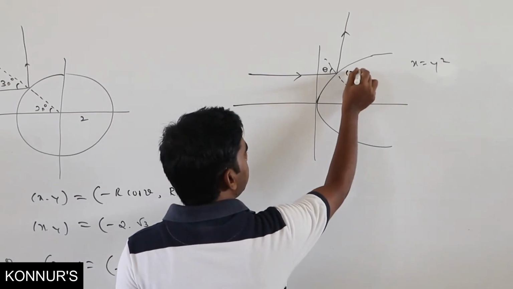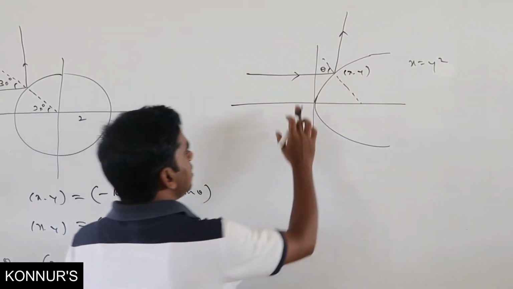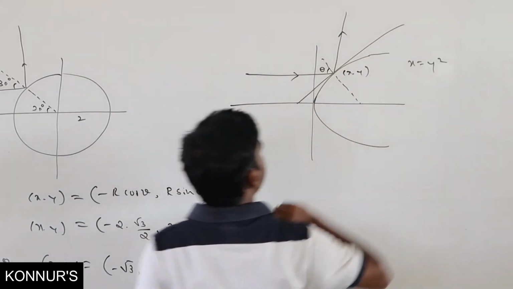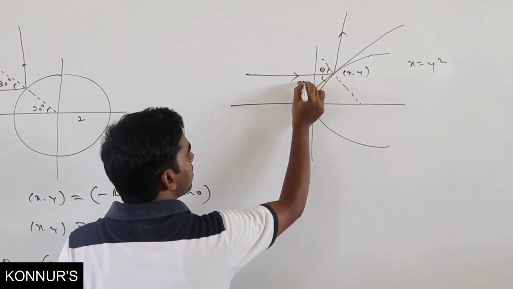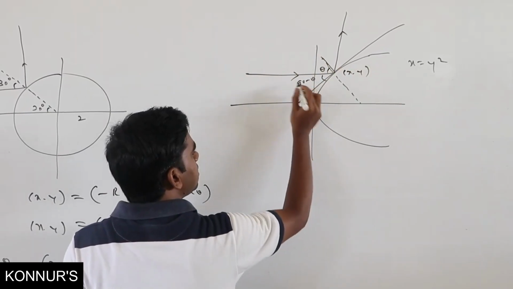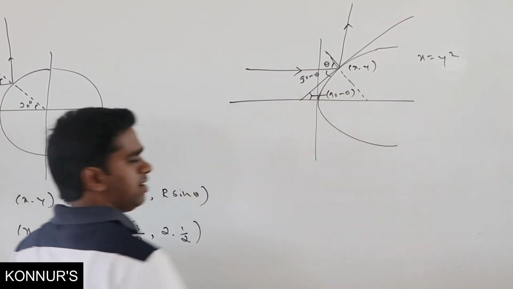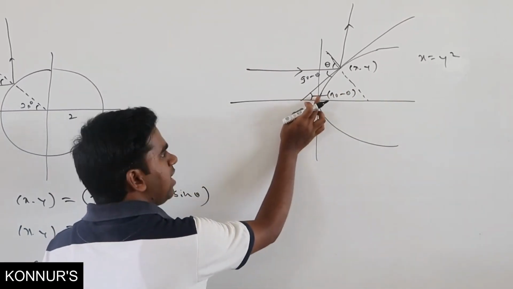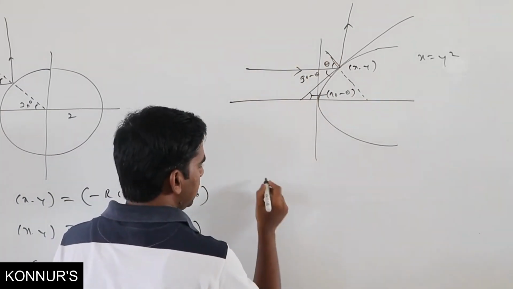Draw the tangent here. If this is theta, this is going to be 90 minus theta, because this is the normal. If this is 90 minus theta, this is also 90 minus theta.